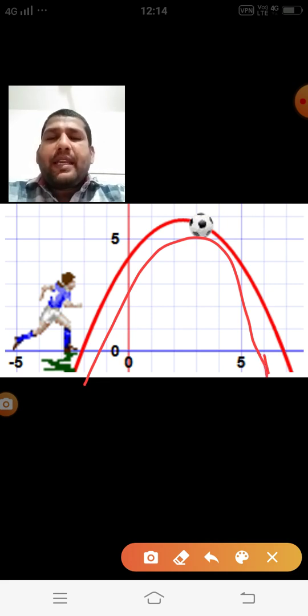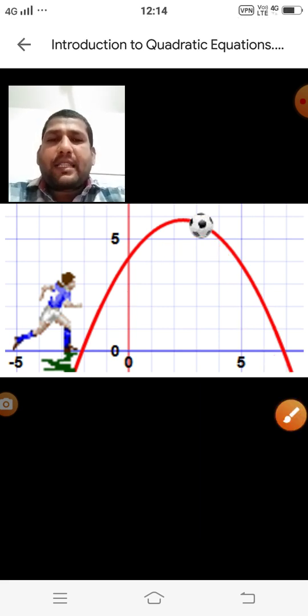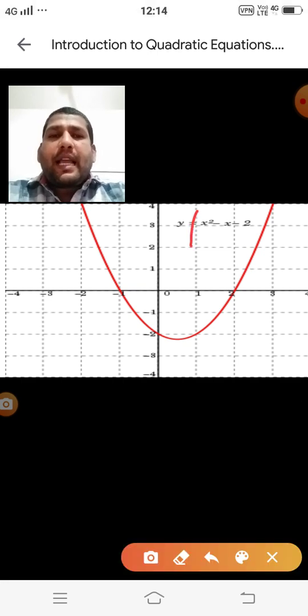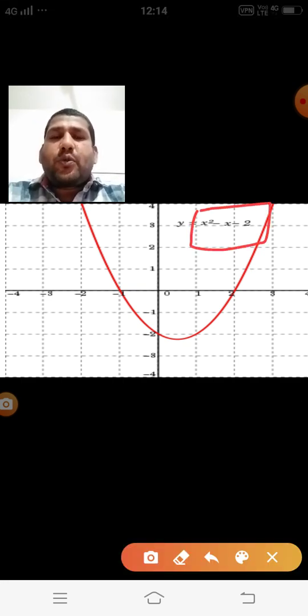If you hit a ball high or throw a ball, the path it follows, the trajectory, is a parabola. Here I am taking the equation y equals x square minus x minus 2. This is a quadratic polynomial, and if you plot the graph, we get a parabola.